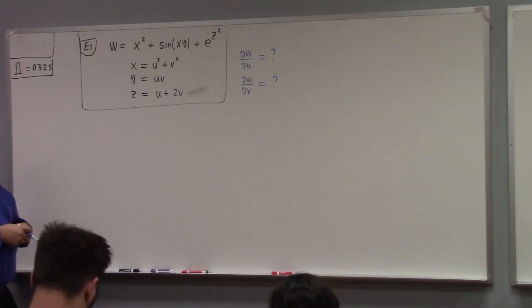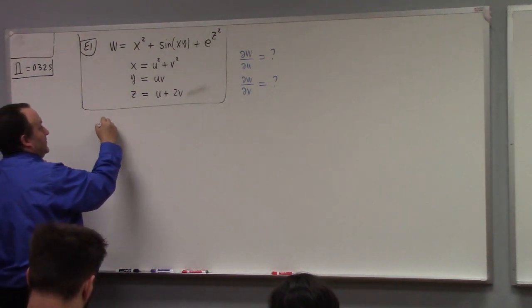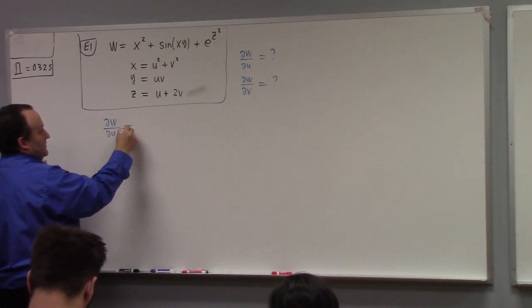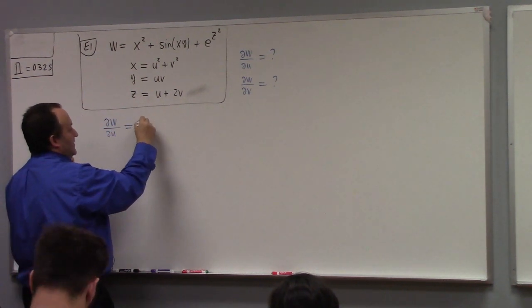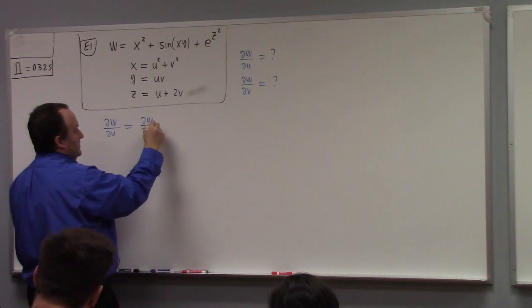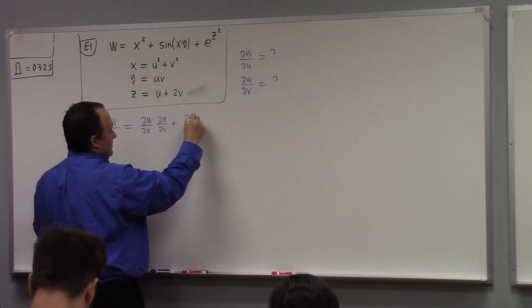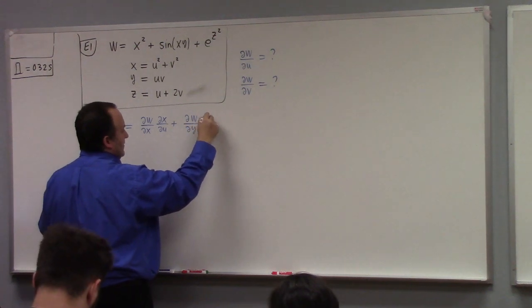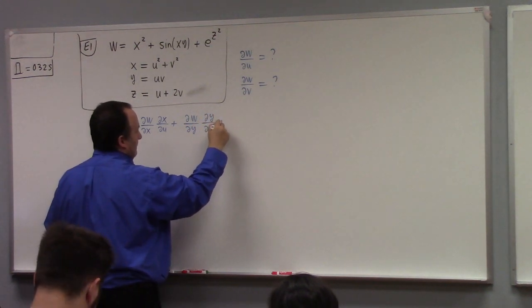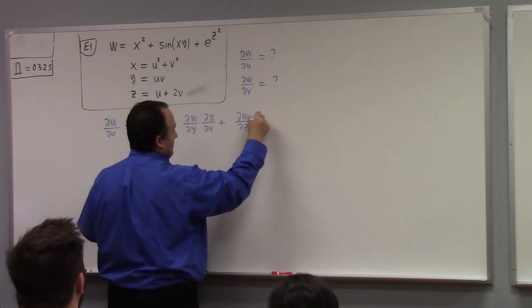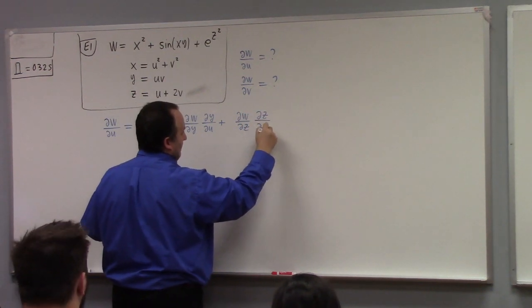How do we do these kinds of chain rules? All right, so here's how it goes. The rule goes like this. Partial w, partial u is equal to partial w, partial x, partial u, plus partial w, partial y, partial u, plus partial w, partial z, partial u.